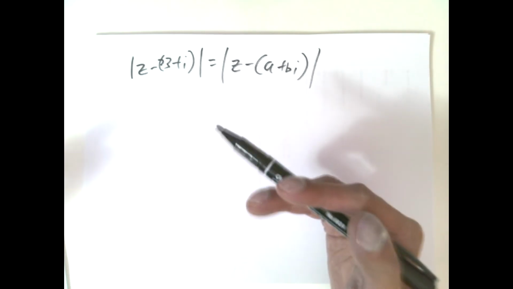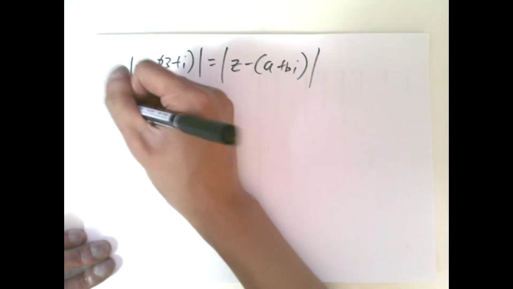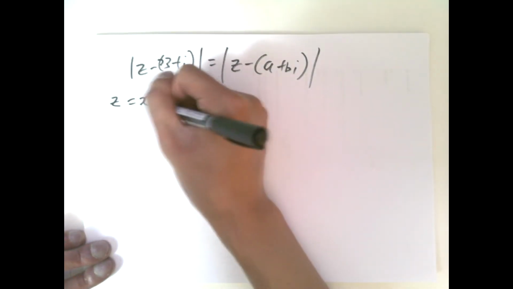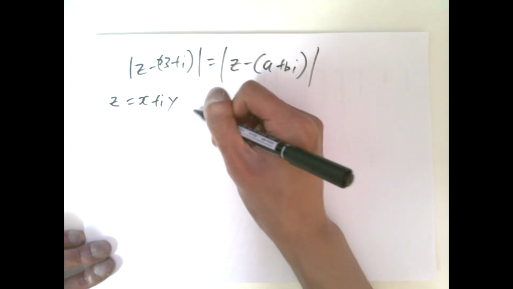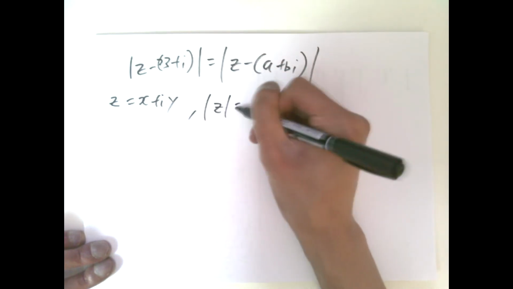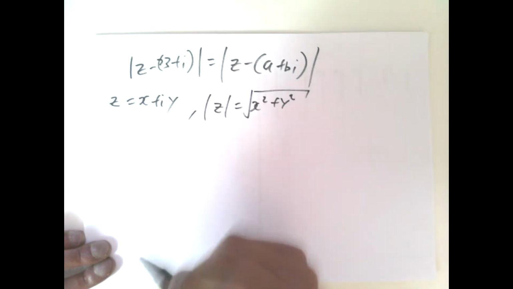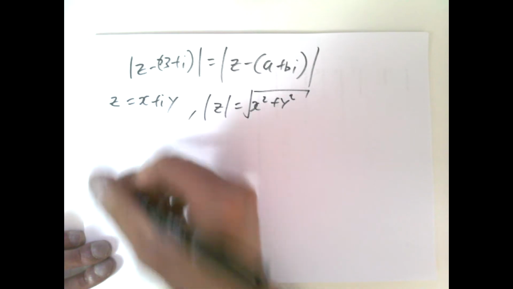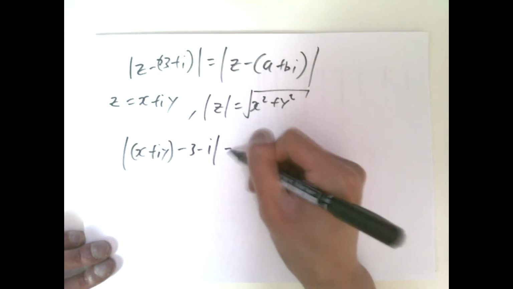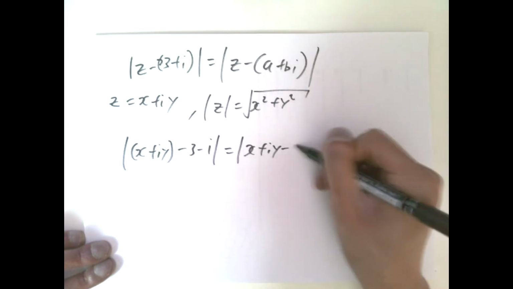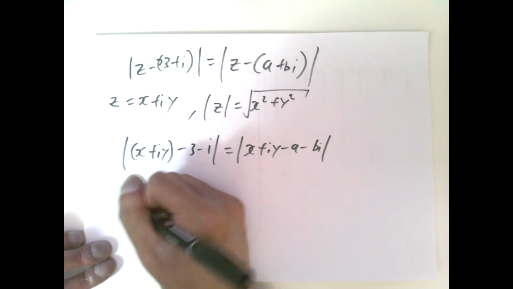Now, to actually get the Cartesian form out of this, because z is equal to x plus iy, and because we can exploit this using this guy.